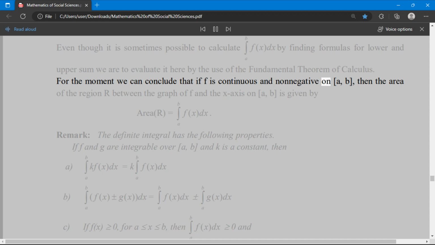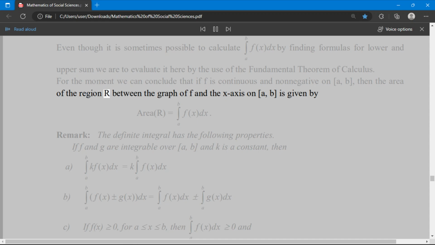For the moment we can conclude that if f is continuous and non-negative on [a, b], then the area of the region R between the graph of f and the x-axis on [a, b] is given by area(R) = ∫_a^b f(x) dx.